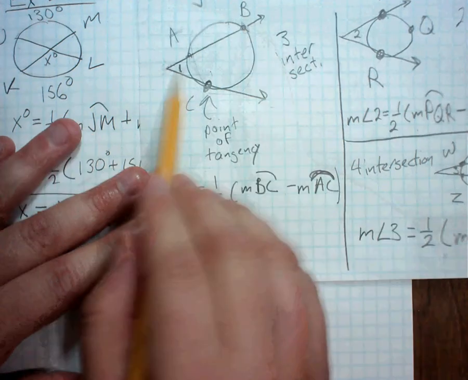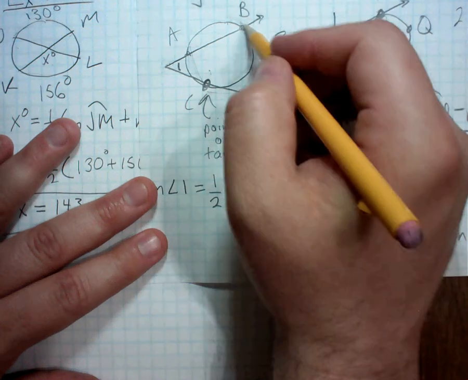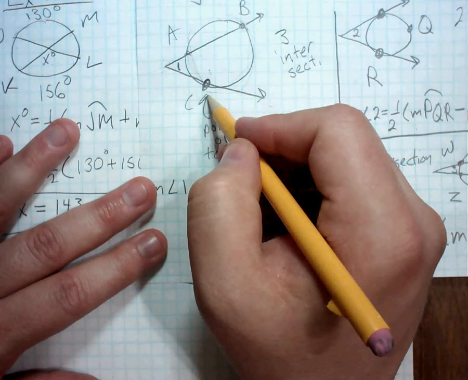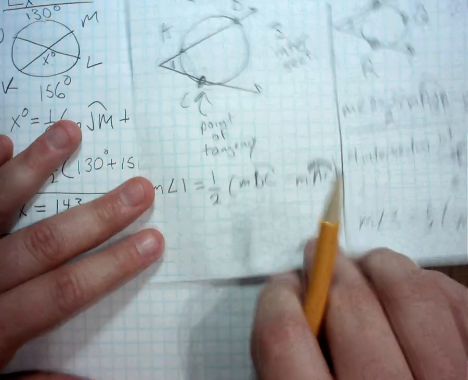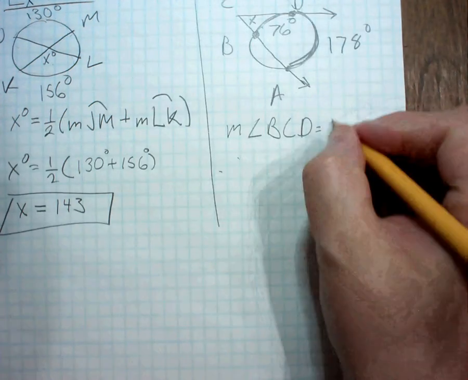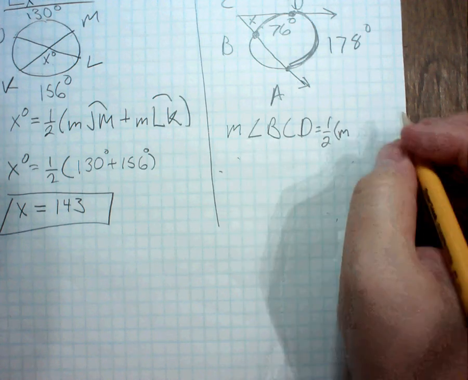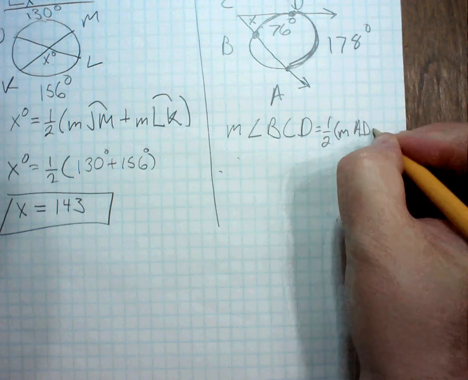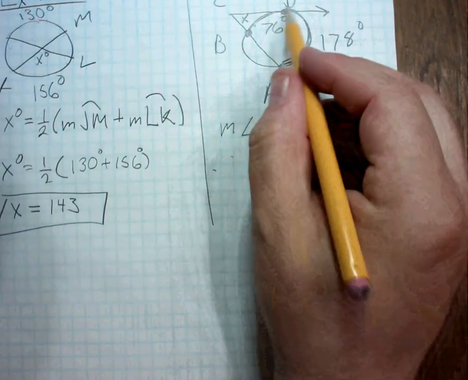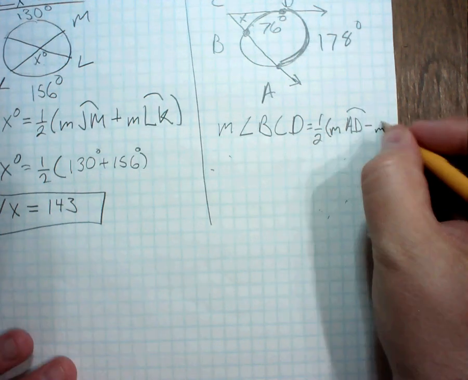My angle here is going to be equal to 1/2 times the big arc minus the little arc. So to translate that to here, that's going to be equal to 1/2 times the quantity of the big arc, which is the measure of AD, minus this little arc, which is the measure of arc BD.